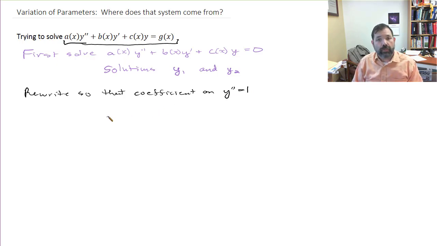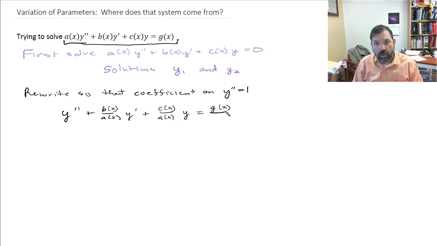So let's divide through by a of x. So then y double prime plus b of x over a of x times y prime plus c of x over a of x times y is equal to g of x over a of x.